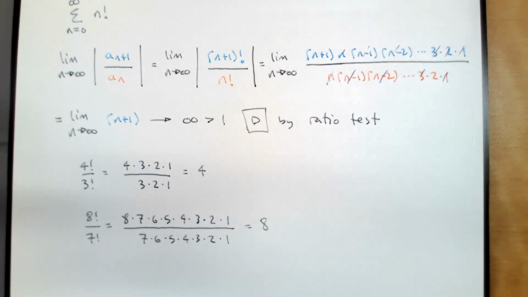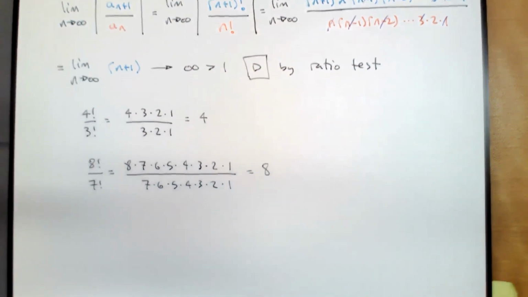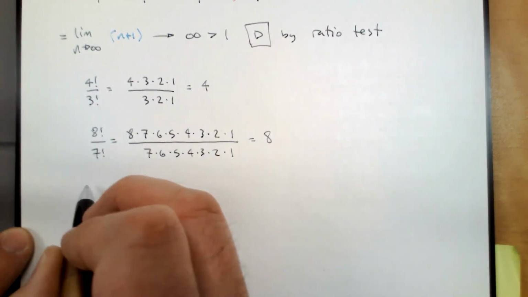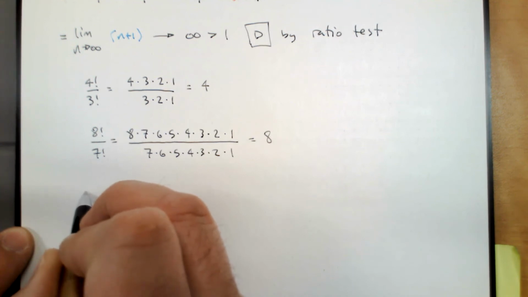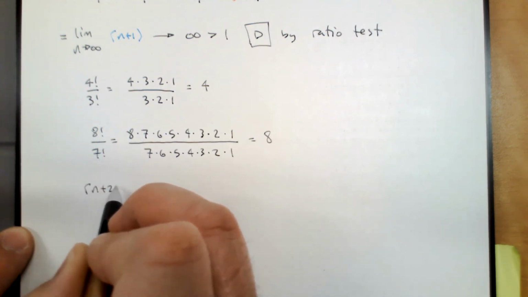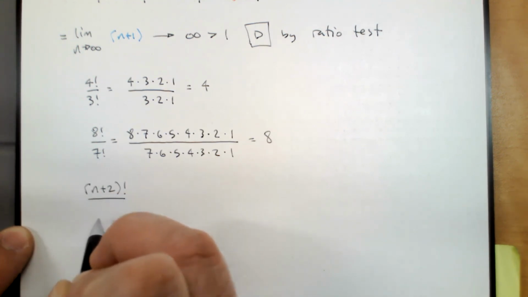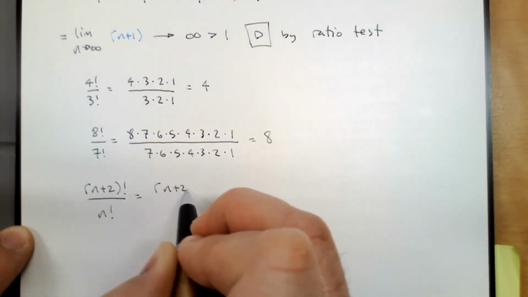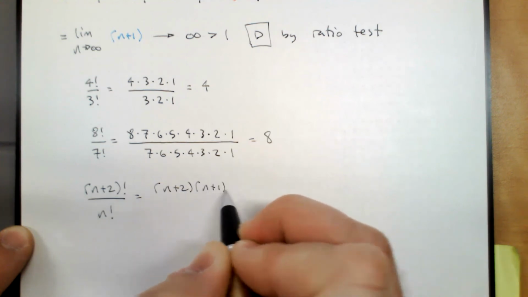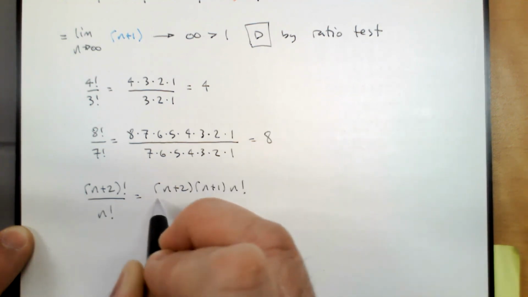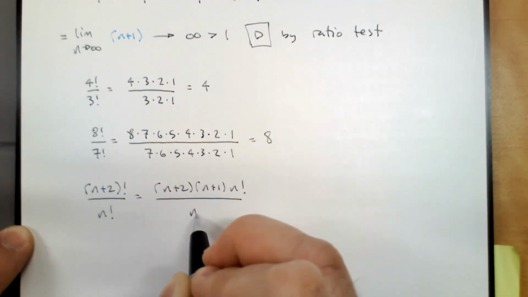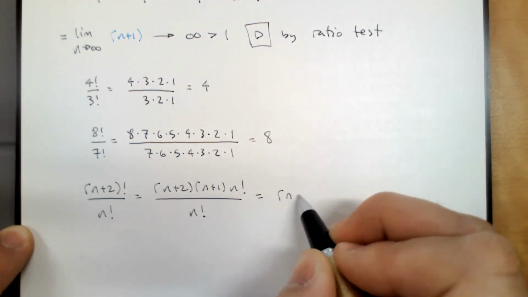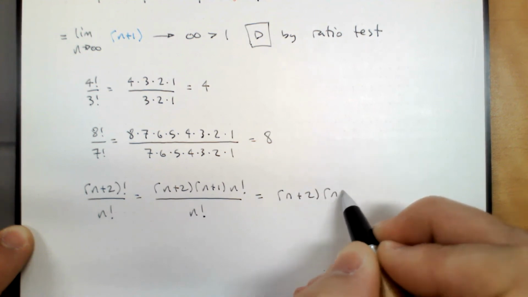Not in a ratio test context, but if we think about a difference of 2, like if we have n plus 2 factorial divided by n factorial, I've got to write down 2 factors until I get to the n factorial. And so we're left with 2 factors, an n plus 2 and an n plus 1.